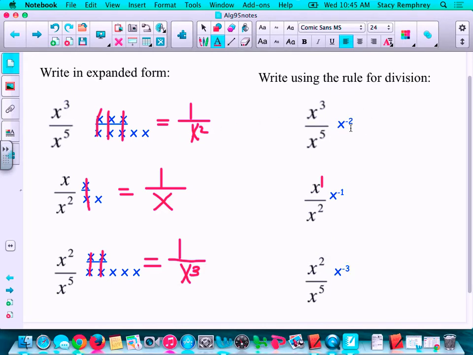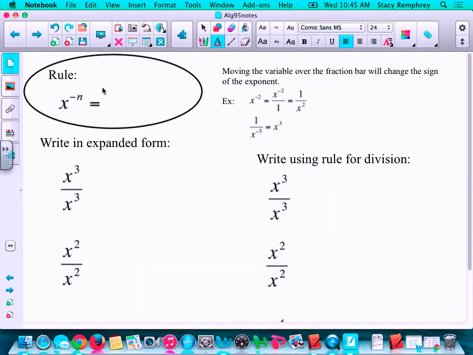We're going to look for a relationship between the negative exponents and this. So look at the blue to the red, the blue to the red, the blue to the red. Okay? And what would you think that this is?